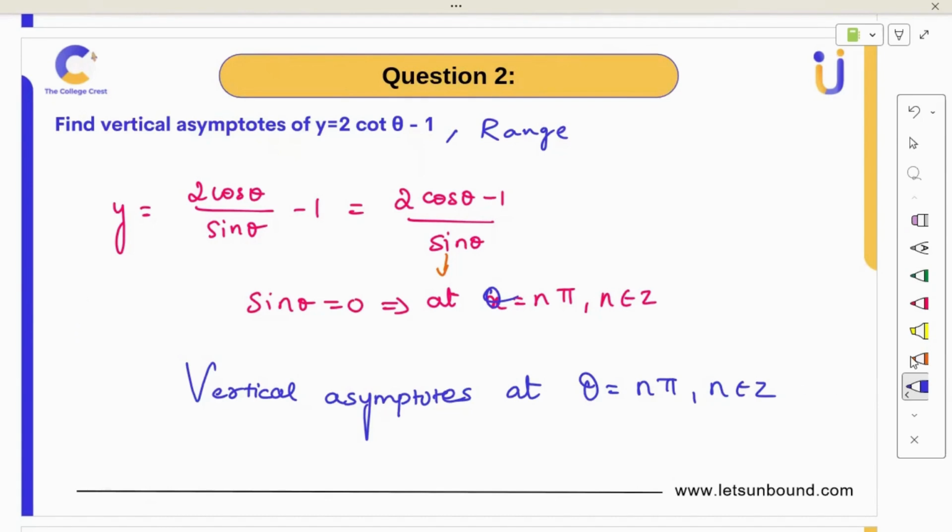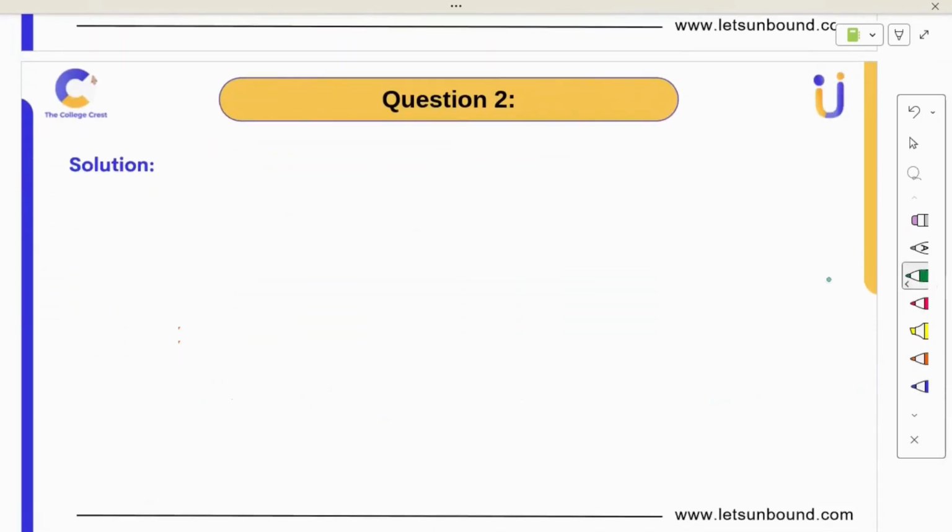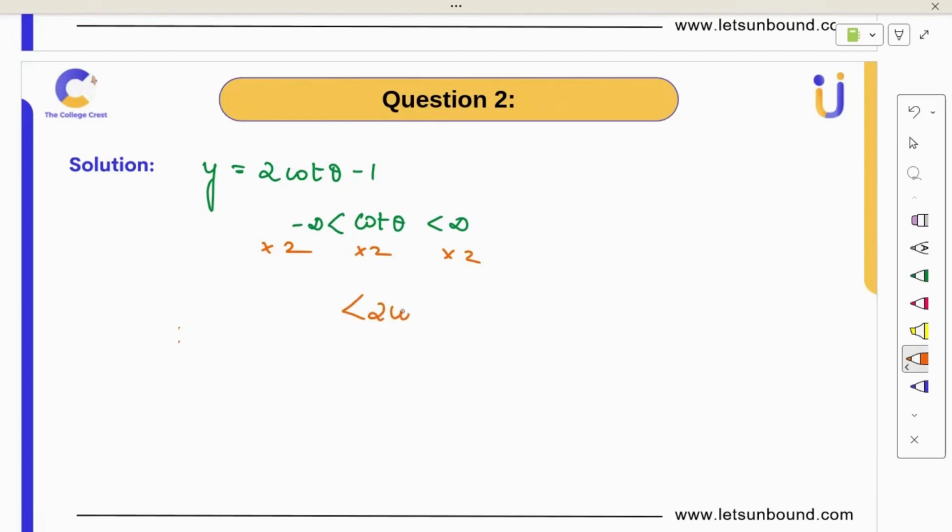Now, how to find the range of this function? Let's do the range part. Any function is just an example for you. So a function looks like y equal to 2 cot theta minus 1. The general cot theta range we know, minus infinity to plus infinity. You multiply 2 with that, it's 2 cot theta. Infinity times 2 is going to be another big number, right?